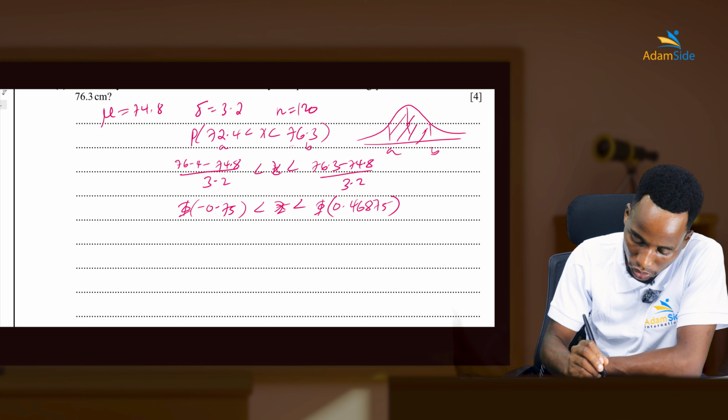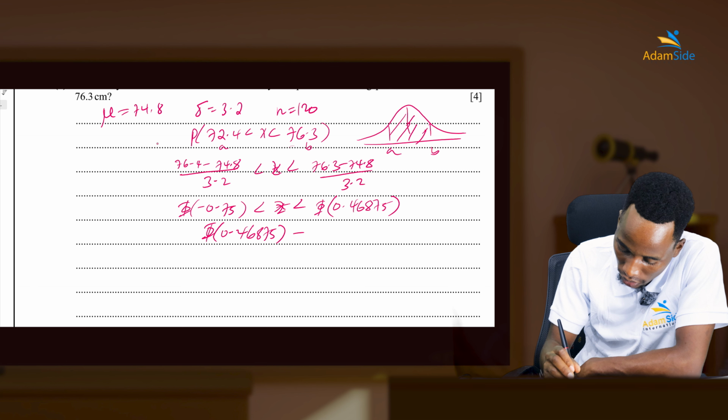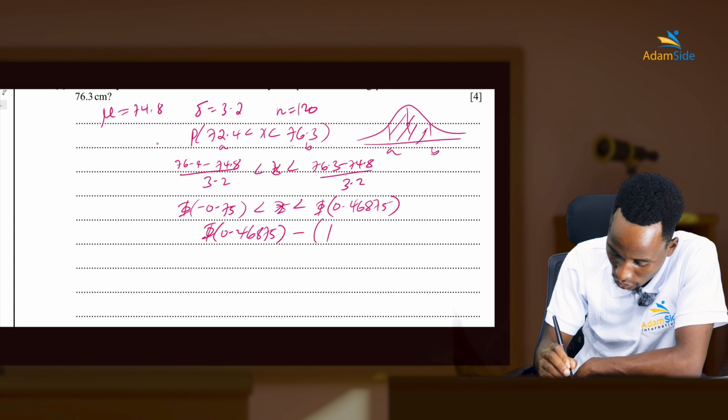Then this will be equal to phi of the above, 0.46875, take away the below, which is negative, so it's 1 minus phi of 0.75.